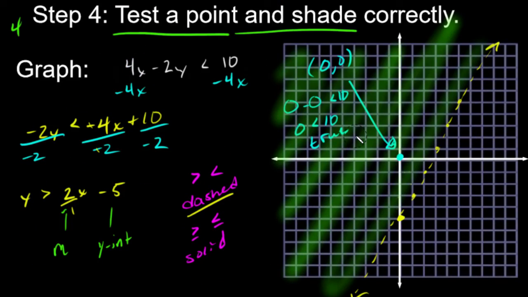This is me shading that solution region. All of these points are solutions. You could pick literally any point in this green shaded region, and it would also be true. I've got a point here, here, here, here. If you wanted to manually pick these out, make the ordered pairs and plug them in, you would figure out they are all true. So this infinite number of points are solutions. Fair enough? All right, let's move on.